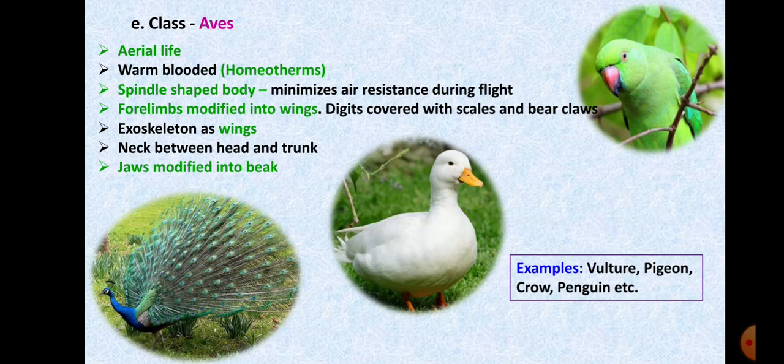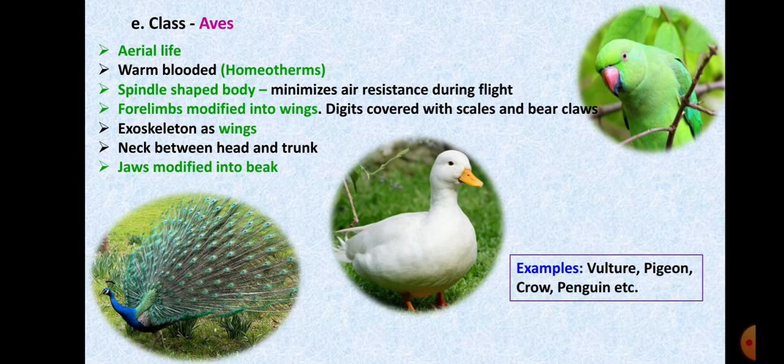Okay, the posterior and the anterior part are tapering, if you observe. Okay, so this way you can remember one thing. Here the forelimbs are modified into wings. They do not have two hands, okay, or two limbs in the anterior part. Okay, they are modified into the wings.